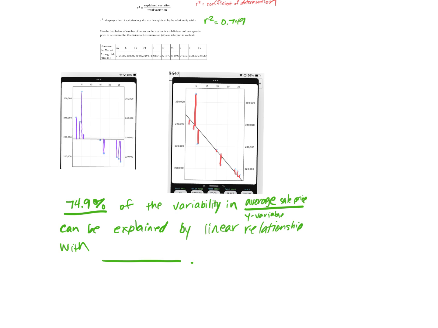Can be explained by the linear relationship with, and that second blank will always be your x variable: the number of homes on the market.